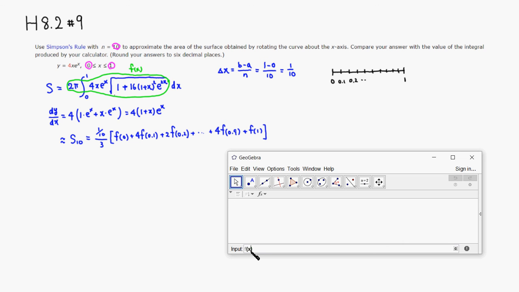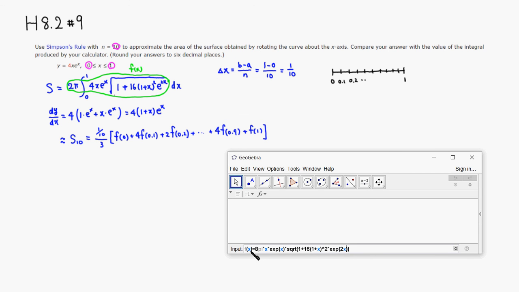F of x is equal to 2 pi times, actually 2 times 4, so I'm going to put the 8 pi times x times e to the x times the square root of 1 plus 16 times quantity x plus 1 squared, times e to the 2x.